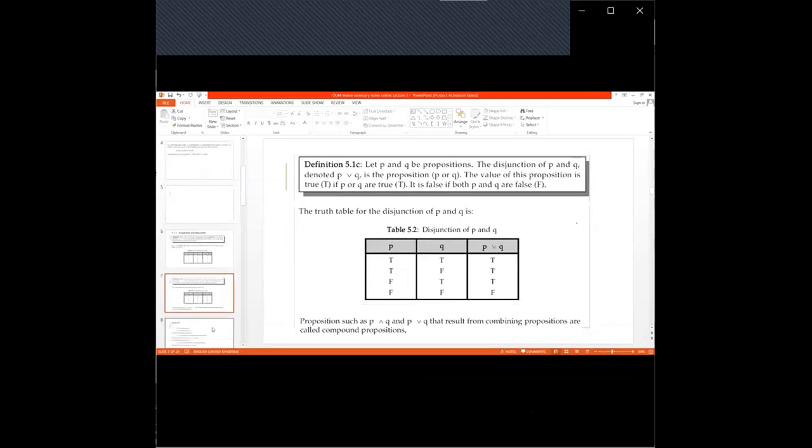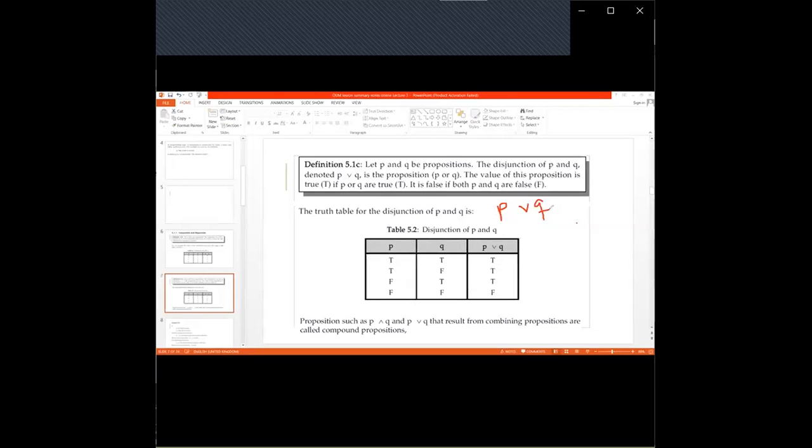Then we also have the disjunction, also known as "or". That is P or Q. So that is a disjunction. And disjunction means that at least one has to be true for the whole statement to be true.